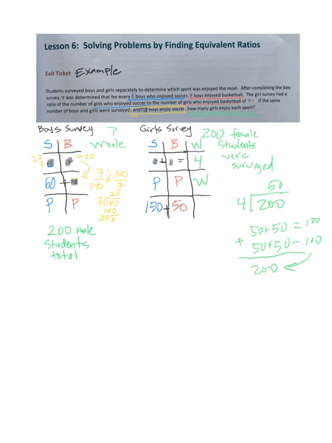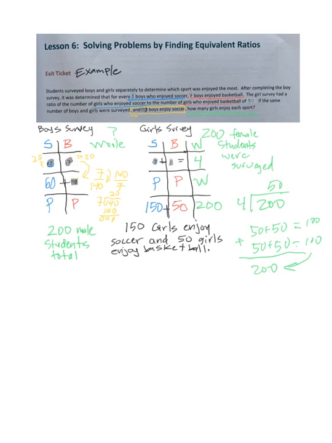50 more, and you would get 200, and you can check that by just adding it together. You get 150 plus 50, and that'll equal 200. So the answer here is 150 girls enjoy soccer and 50 girls enjoy basketball.